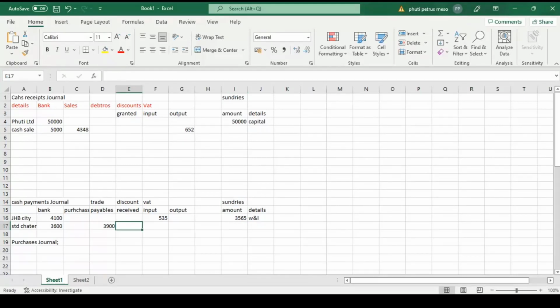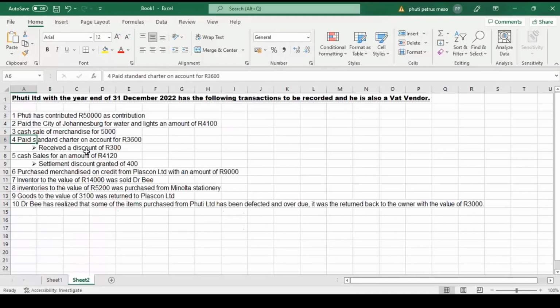Let's go to the question now. The question says that the discount received is 300 rand. So this is easy. What you just have to do is 300 rand. You still need to tax this person for the discount, all right? So you say 300 multiplied by 15 divided by 115, and then you will get 39 rand of your discount. So the difference would be under your settlement discount. So this is how you're going to record it.